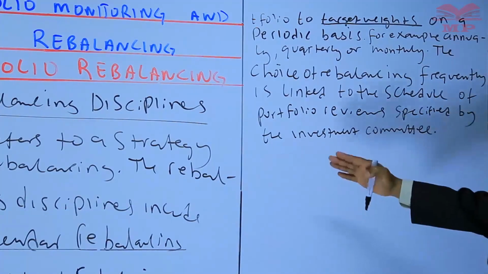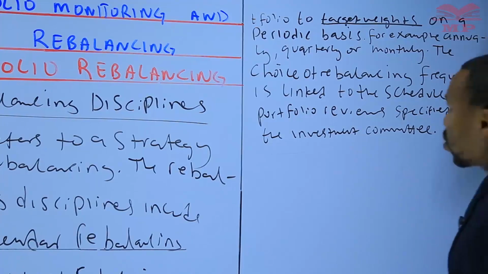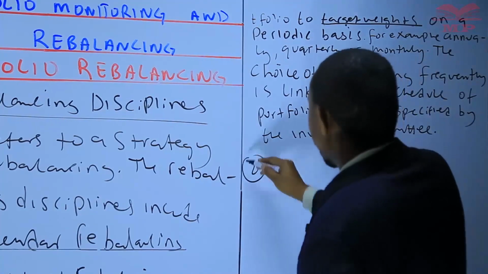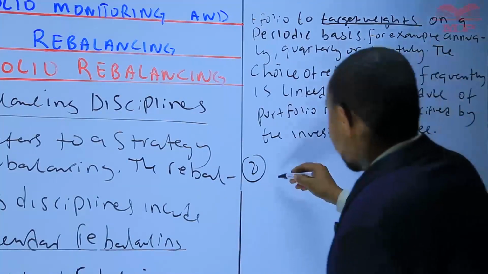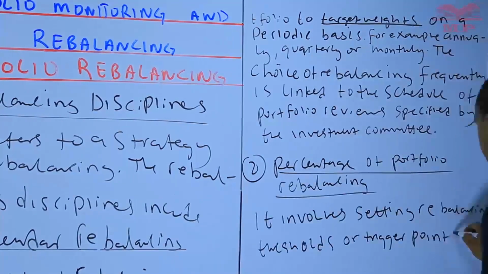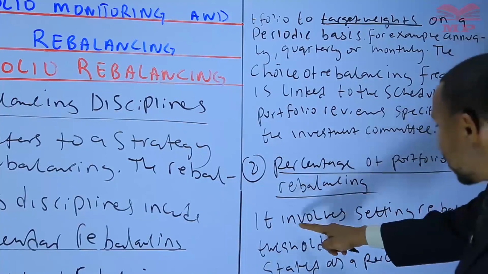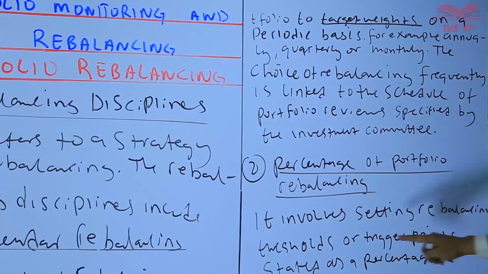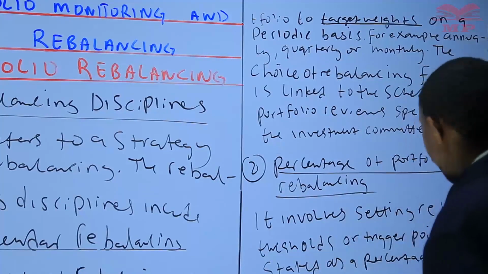Once we have learned about calendar rebalancing, we can move on and learn about the second type of rebalancing, which is called percentage of portfolio rebalancing. It involves setting rebalancing thresholds or trigger points stated as a percentage.